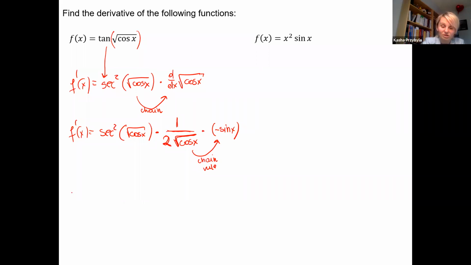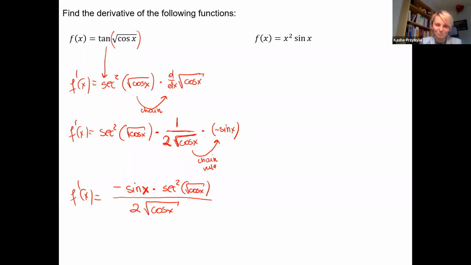And what we can do, we can simplify a little bit. I can put 2 square root of cosine of x. I can put negative sine of x in front, and then I have secant square of cosine of x. I was looking at that sine of x because I know that the angle is square root of cosine of x, but we do have cosine of x.